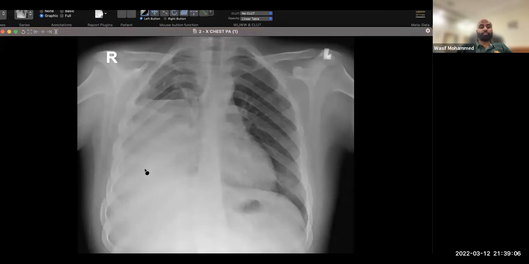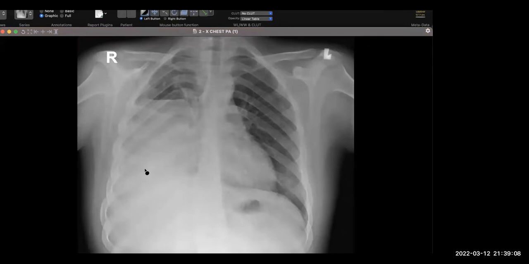So this is your next case. All right. So this is a frontal projection chest radiograph of a skeletally mature patient. I could appreciate an air fluid level in the right hemithorax. I'm looking for the underlying cause. So the right lung is unremarkable.